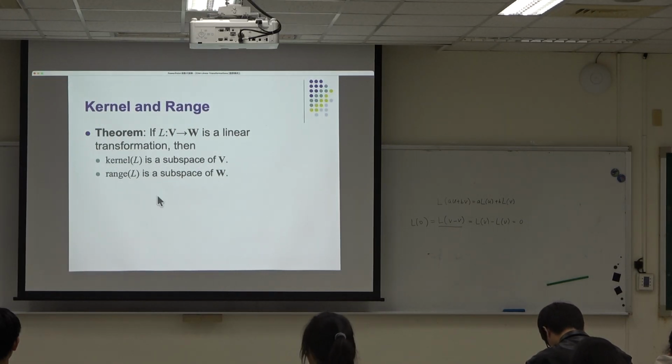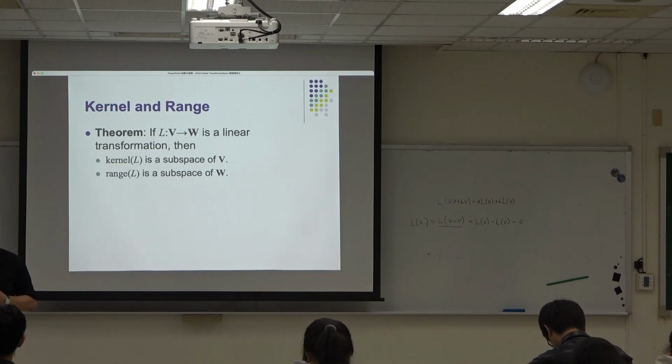Now, back to the theorem. Kernel of L is a subspace of V. What is the kernel of L? It is a collection of vectors that map to 0 in W. Previously we already showed that L(0) equals 0, as long as L is a linear transformation.